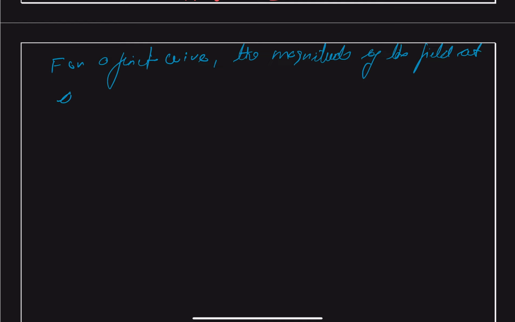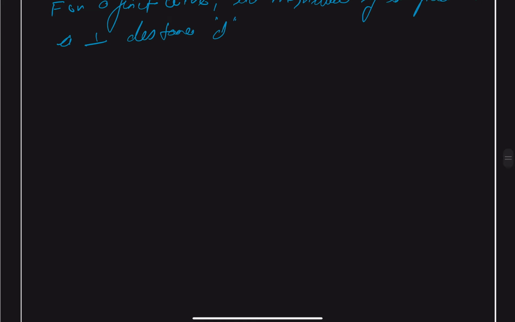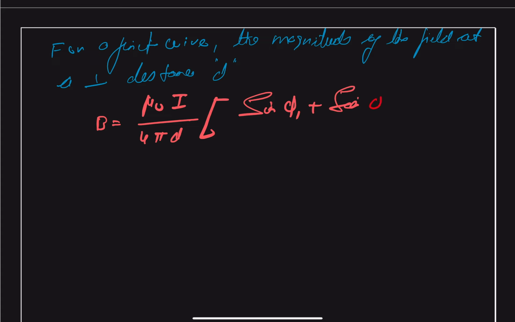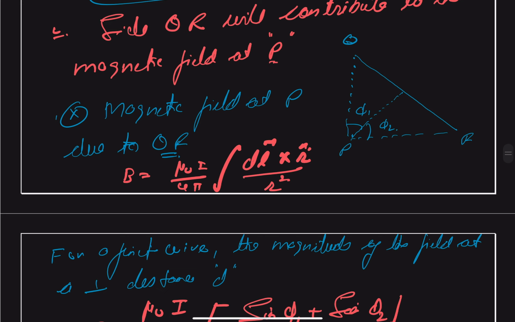And this can be further solved as, for a finite wire, the magnitude of the field at a perpendicular distance d is given as B is equal to mu naught I upon 4 pi d, times sine of phi 1 plus sine of phi 2, where d is the perpendicular distance.